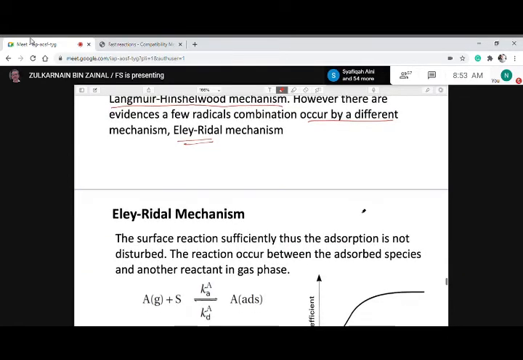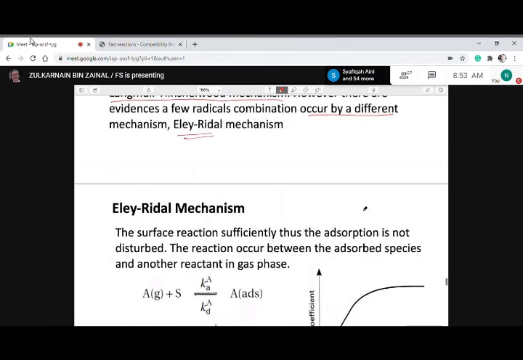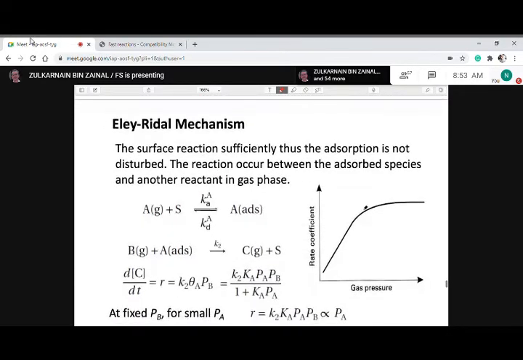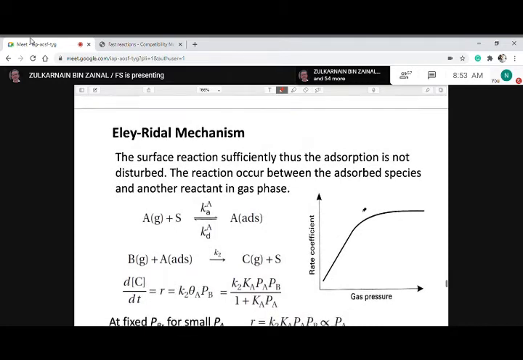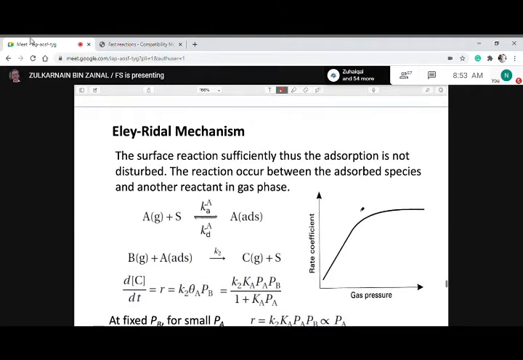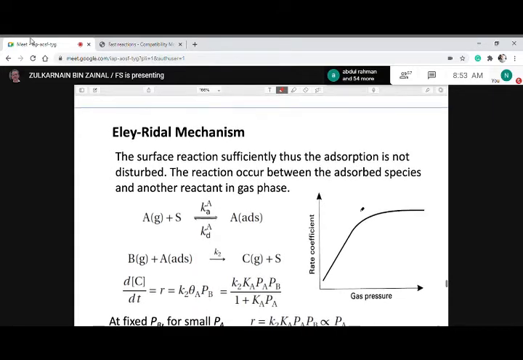We call that the Eley-Rideal mechanism, or however you like to pronounce it, because this is not a common name to us. I just pronounce it Eley-Rideal mechanism.